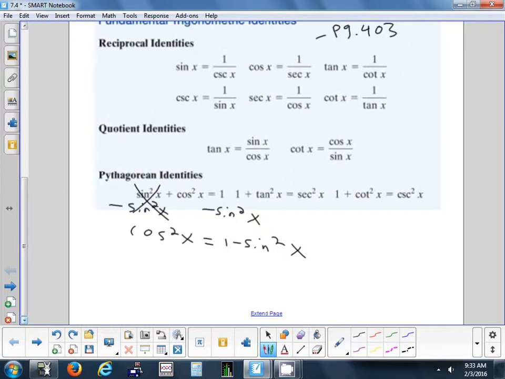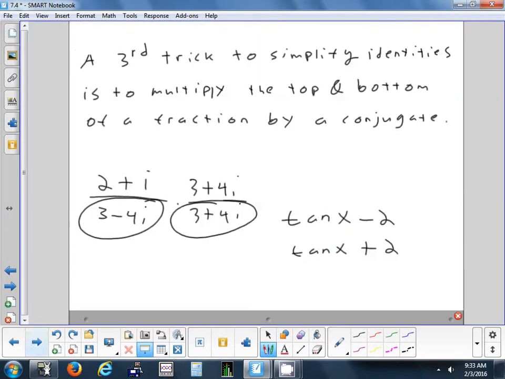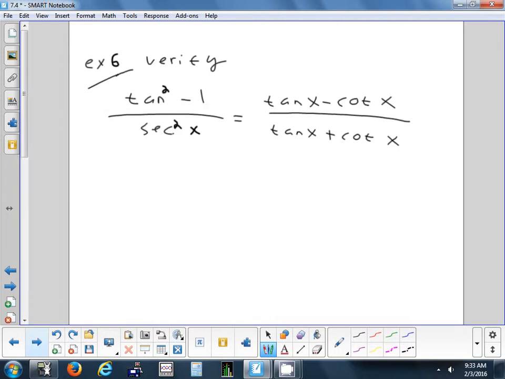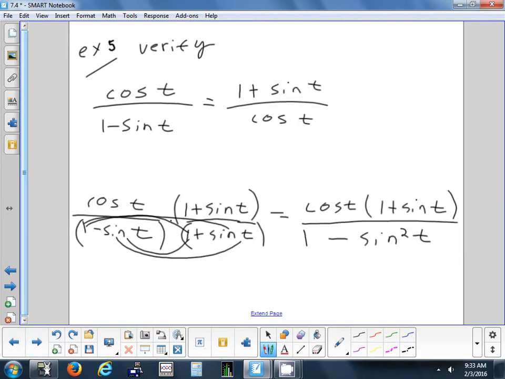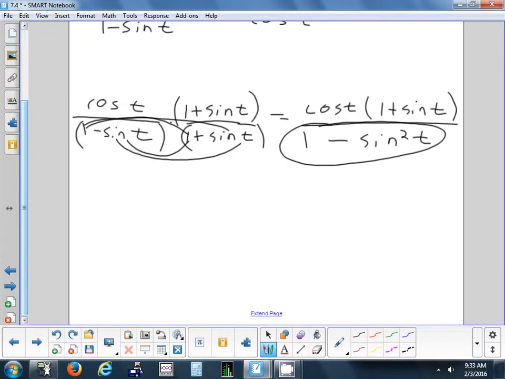Now let's go back and look at our problem. We had a 1 minus sine squared. What did we just figure out 1 minus sine squared turns into? Cosine squared. So in the bottom I get cosine squared.